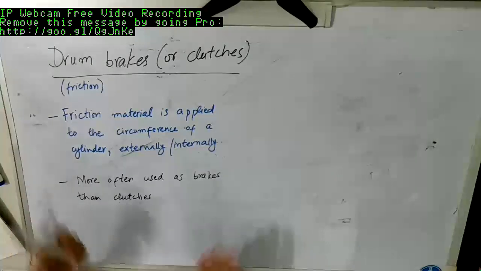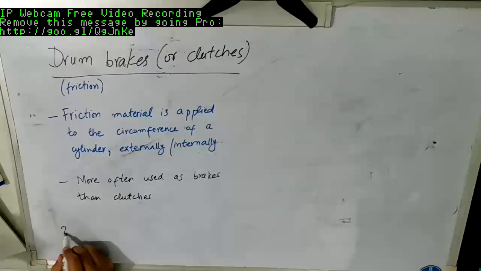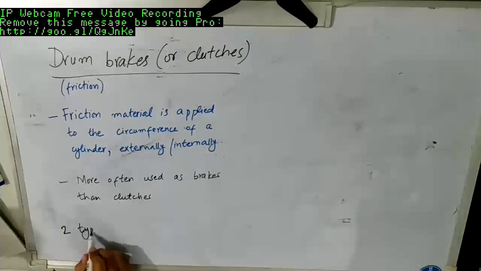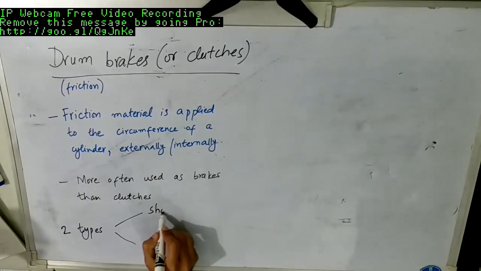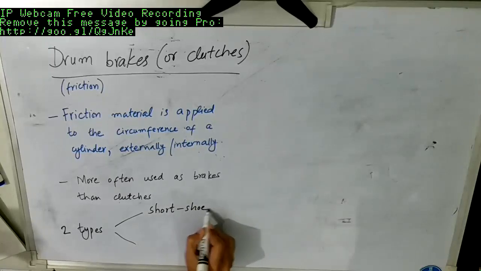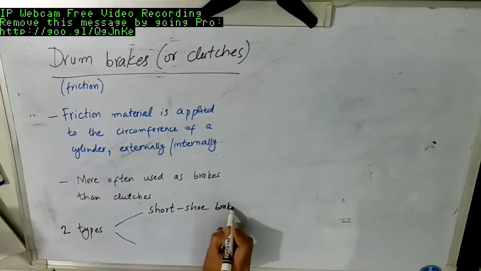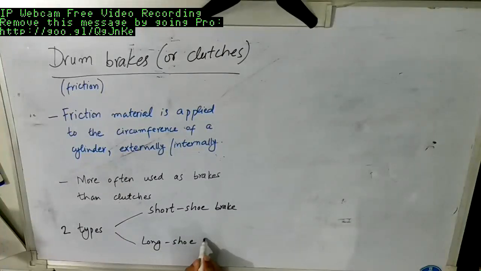And in the drum brakes we have two types, we can say. One is called short shoe brake, and the other is called long shoe brake.